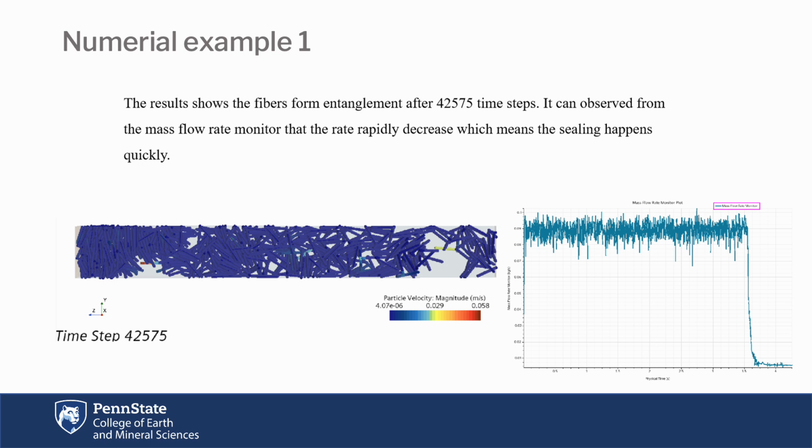We can also see from the second figure, the mass flow rate monitor plot, which represents the mass flow rate of the fluid from the outlet of the fracture. It reduced to zero quickly, which means that the fluid cannot pass the outlet. So the sealing happens successfully.